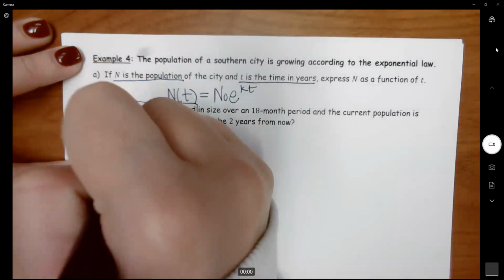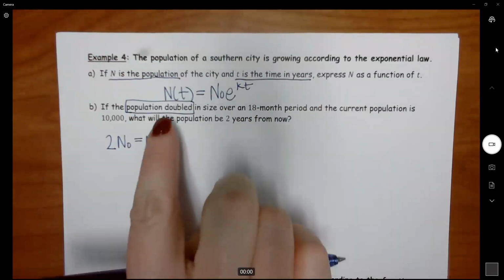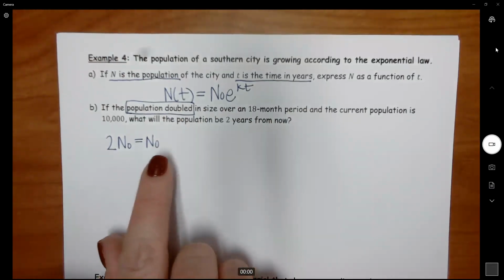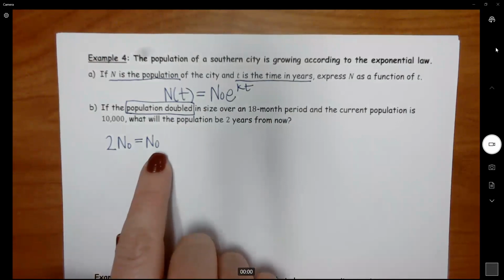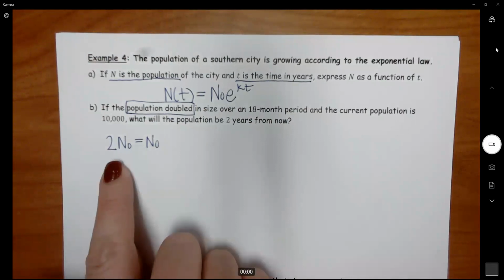So this is 2 times N naught. The population doubled. So if this is 100, now this is 200. If this is 500, now this is 1,000. If this is 100,000, this is 200,000. Whatever this is, it's doubling here.